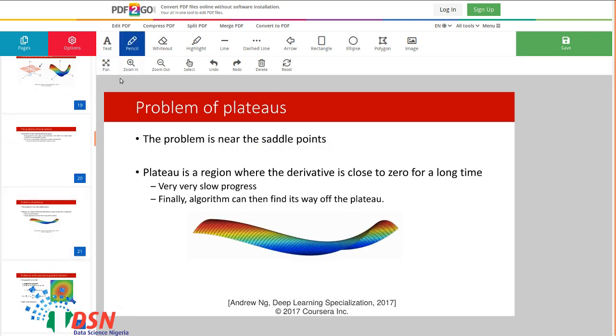Also there is the problem of plateaus, which are the regions near the saddle point. Near the saddle point we have something like this, and here the gradient, or the derivative, is a really small number.